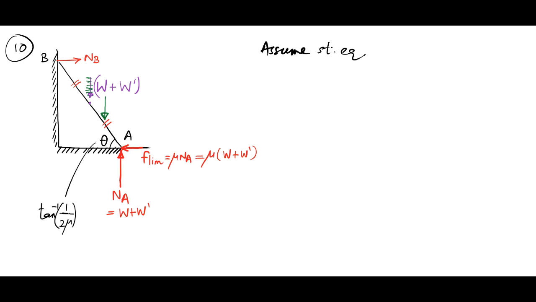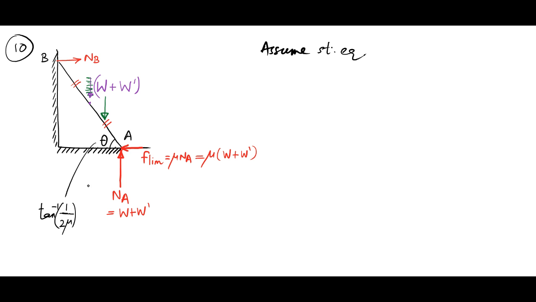Now NA is W plus W dash. That still remains even if the force W plus W dash has shifted nearer to A. That doesn't change. Now this F limiting, perhaps it becomes comfortable friction. We do not know. So let us check that. For that, we consider the moments about some point.